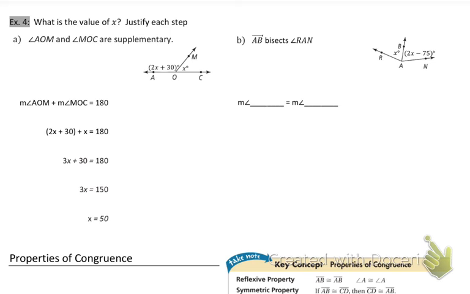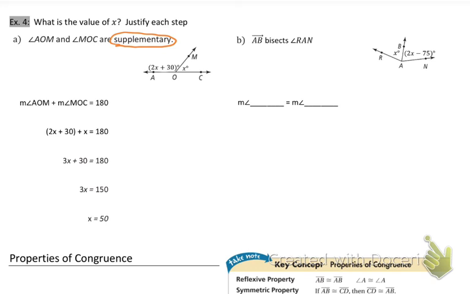We aren't just given a straight up equation, we have to come up with the equation. So that's what's happening here. We're given something up here. So it says angle AOM and angle MOC are supplementary. Now, here's something that we need to know when we get to proofs. Supplementary for me is a fancy word.